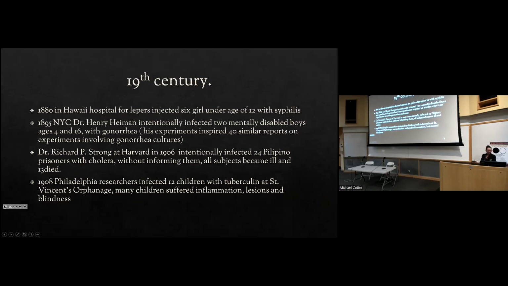In 1895, Dr. Henry Heinemann intentionally infected 2 mentally disabled boys, ages 4 and 16, with gonorrhea.